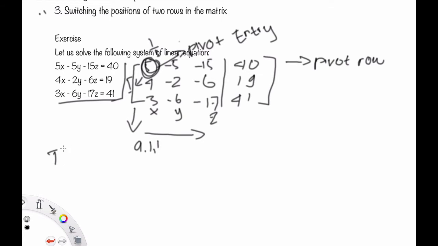How do we use type 1? By multiplying the pivot row by the reciprocal of the pivot entry. So the type 1 operation is to multiply row 1 by 1/5. Okay, so we will get this one.